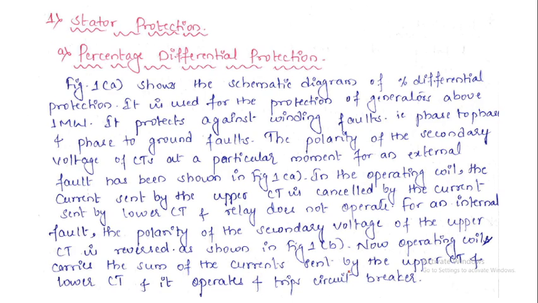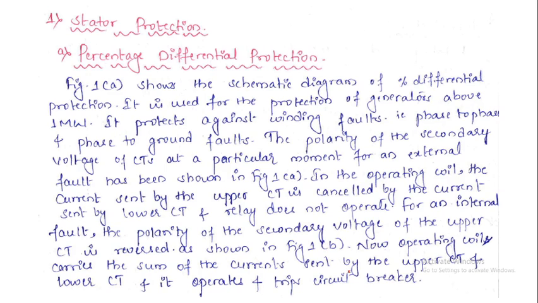Moving on to the stator protection, the first we have is the percentage differential protection. The figure shows a schematic diagram of a percentage differential protection. It is used for the protection of generators above 1 megawatt, that is, generator rating greater than 1 megawatt. It protects against winding faults, that is, phase to phase and phase to ground faults.